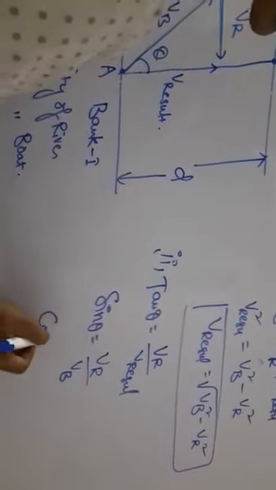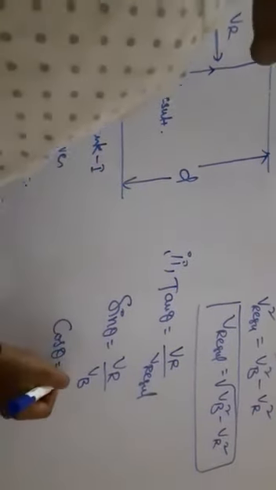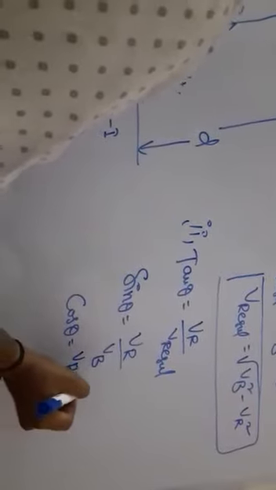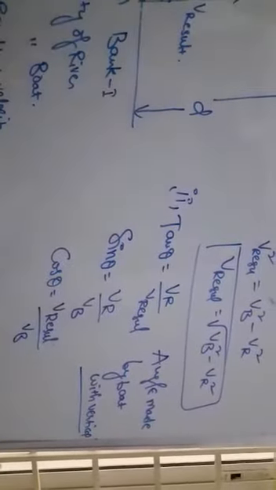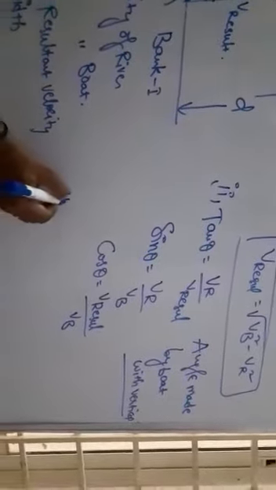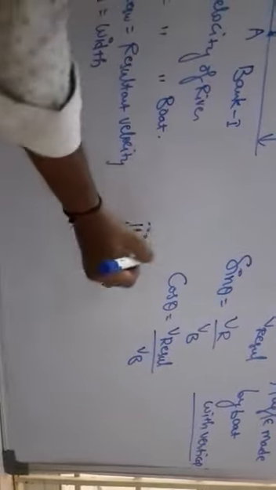In terms of cos theta, adjacent side divided by VB. This is the angle made by the boat with vertical.